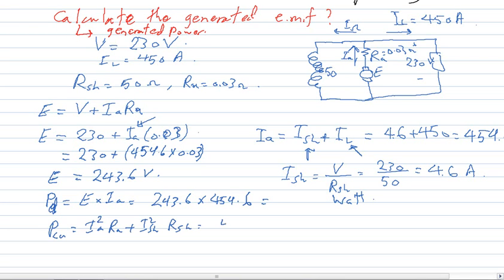So it will be 454.6 squared multiplied by 0.03 ohms plus 4.6 amperes squared multiplied by 50 ohms, and also it will give us some wattage.